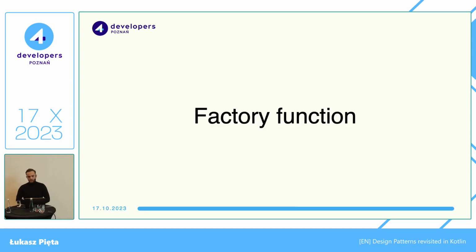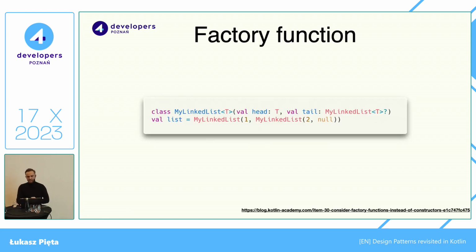The next one, factory function. So what's the problem we're going to solve? Basically, a factory function is an alternative to constructors. So what's the problem with constructors? In Kotlin, we usually use the primary constructor. As you can see here, there's an example of my linked list.